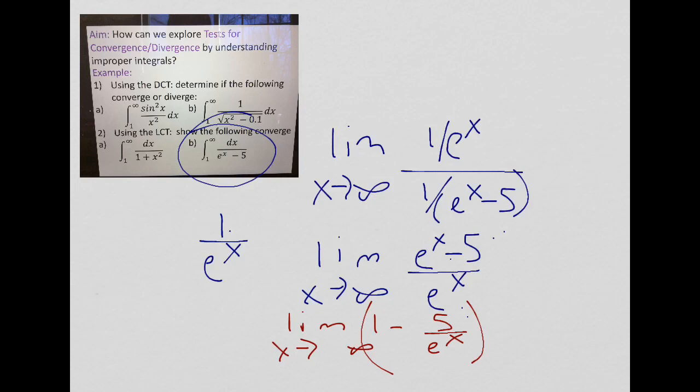So imagine that it's e to the infinite power, which would mean that it's infinity. 5 over infinity, or 5 over a very, very large number, is going to become 0. So the limit of 1 as x approaches infinity is just 1.